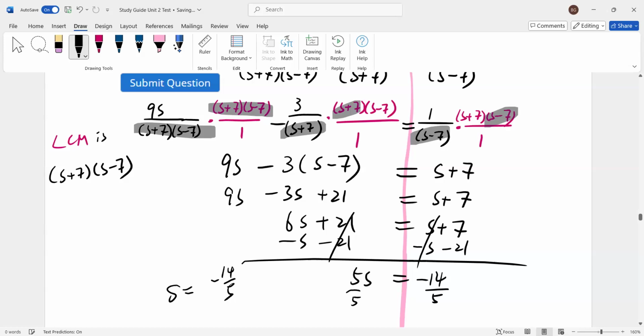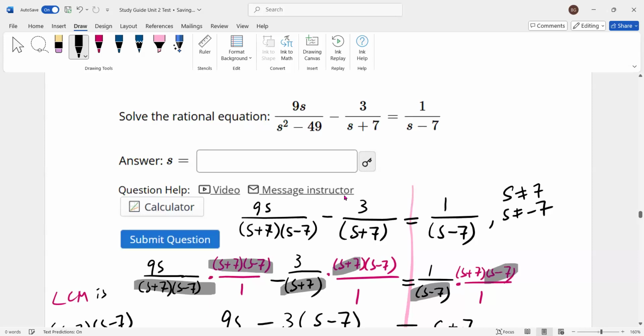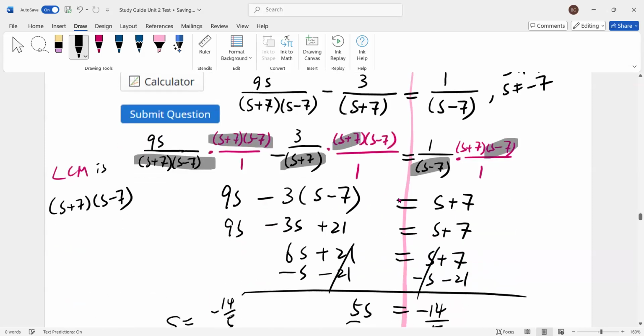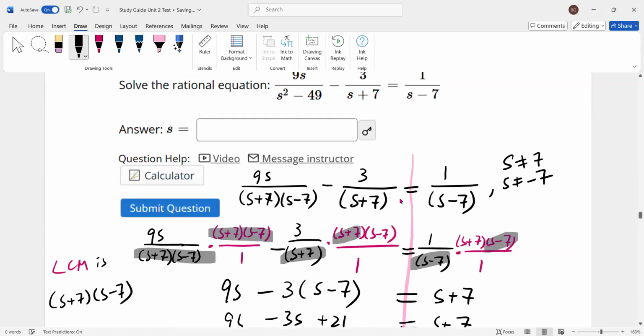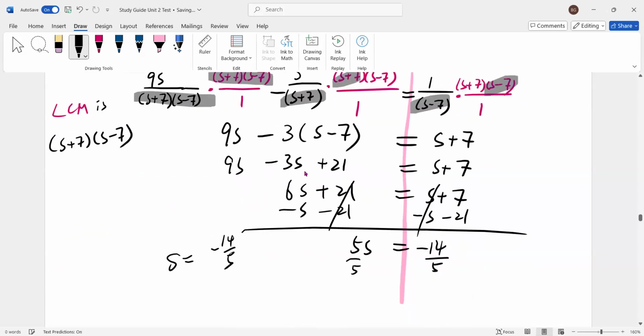Let me double check. 9s minus 3 times s minus 7 equals s plus 7. 9s, negative 3s, positive 21. This is 6 of them, so 5 of them, 5s. This is 21, this is 7, so negative 14.